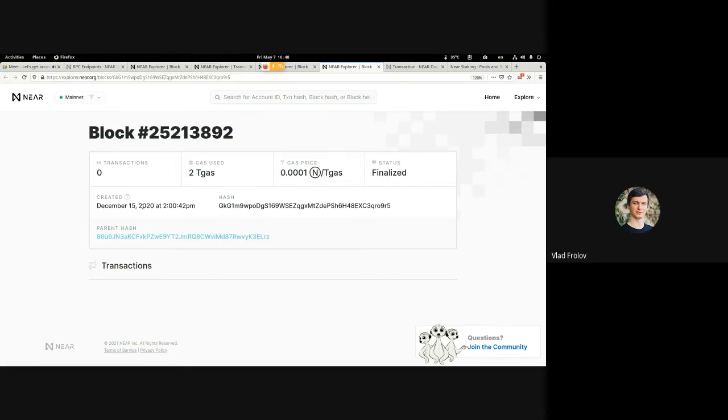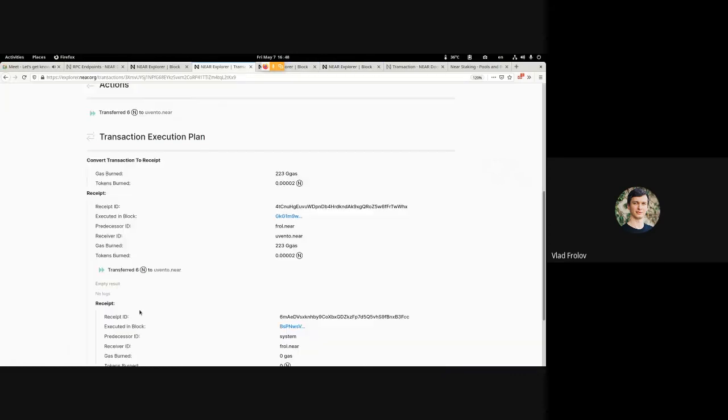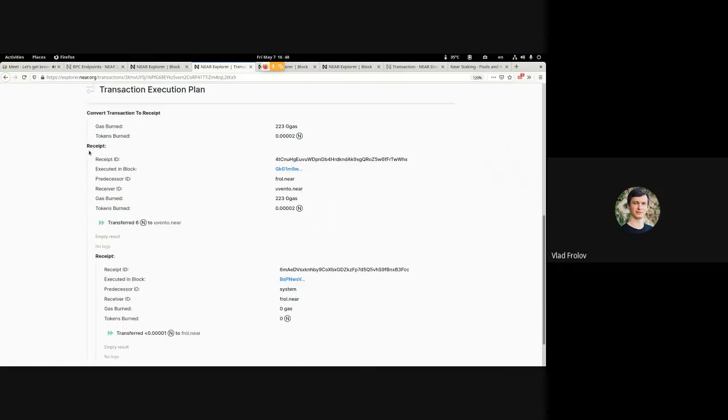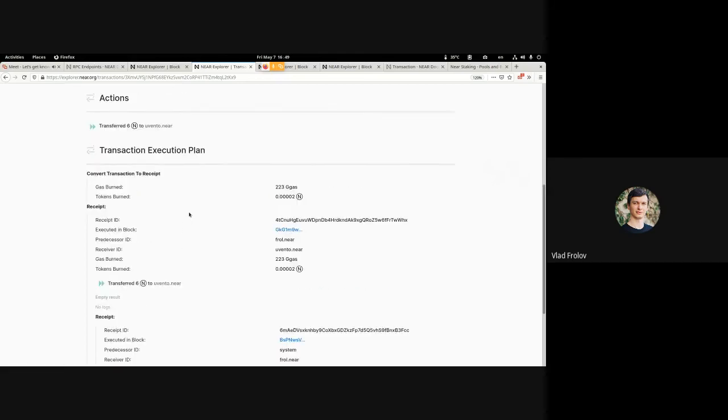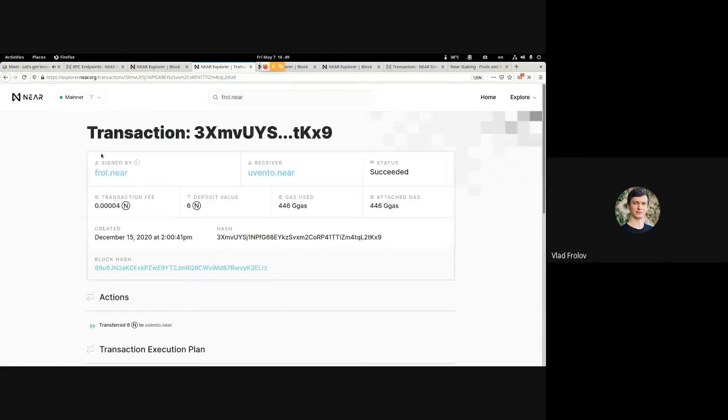But what I want to stress is that it's not exactly an empty block in this case. It has receipts, and it even has an execution result. And you can see that this receipt has the same action, transferred 6 NEAR tokens, as in our original transaction.